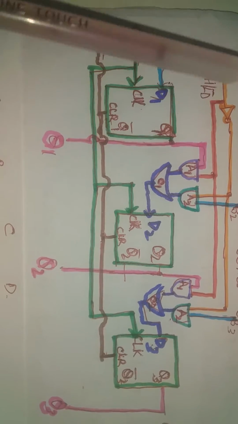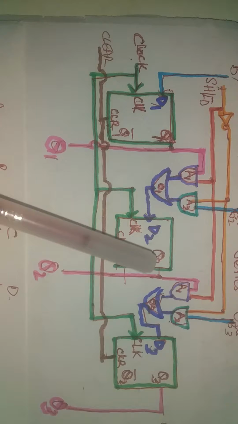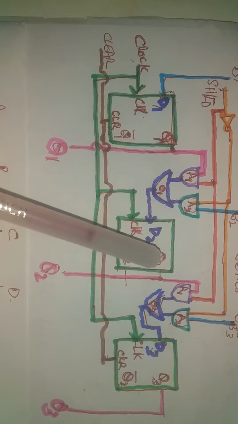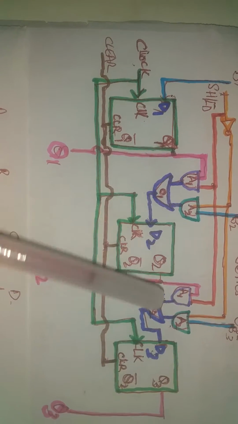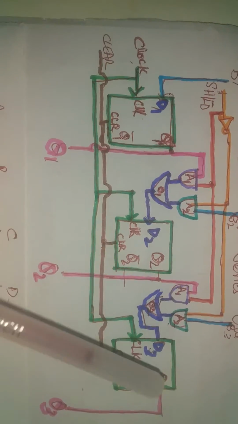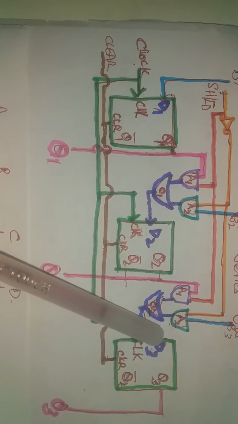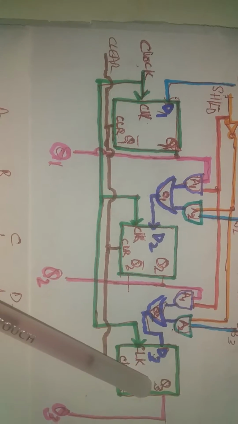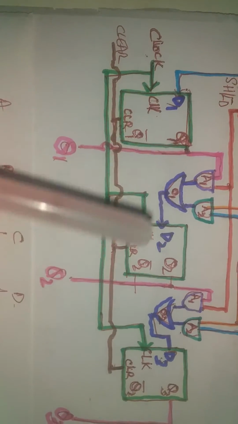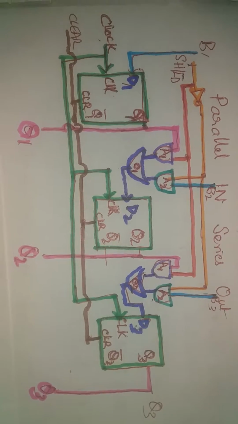Similarly, at time instant C, the 0 over here is shifted to Q2, the B1 over here is shifted to Q3. So it is 0, 0, B1. At time instant D, the B1 is moved out. 0 is shifted to Q3, 0 is shifted to Q2, and 0 is shifted to Q1, and it becomes 0, 0, 0.